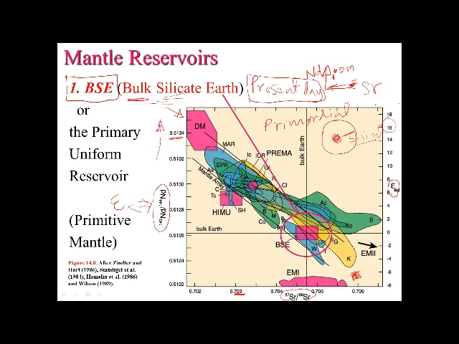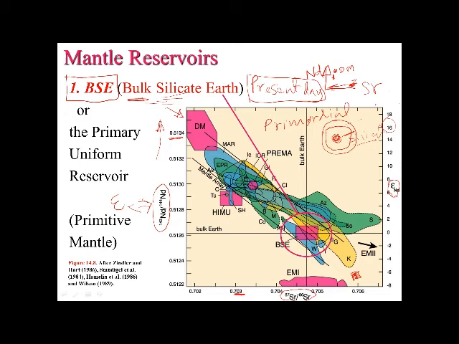Later on, the second stage of differentiation caused this other layer, the crust, either oceanic crust or continental crust, whatever it is. We had crust formation as a result of some melting, again. So now we have a mantle, a crust, and a core.